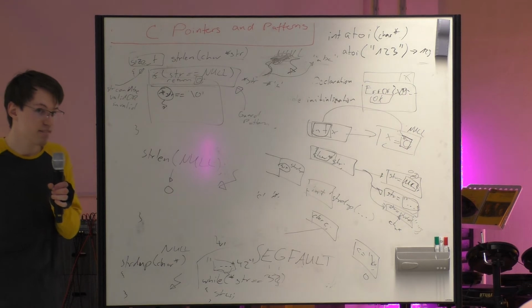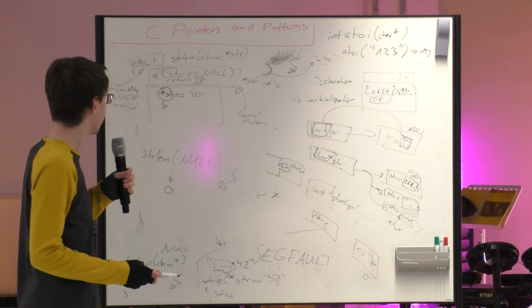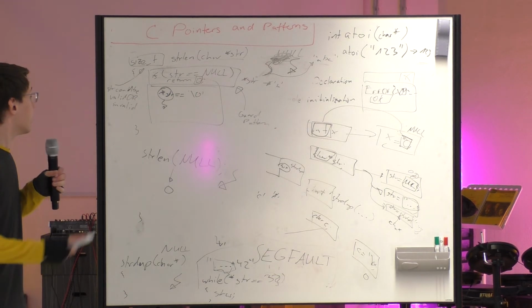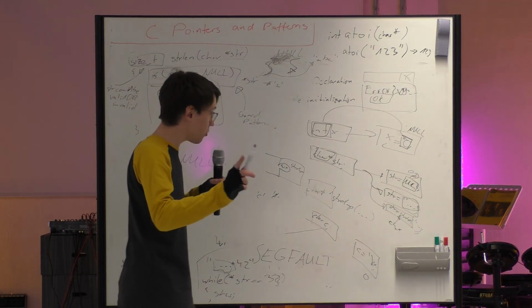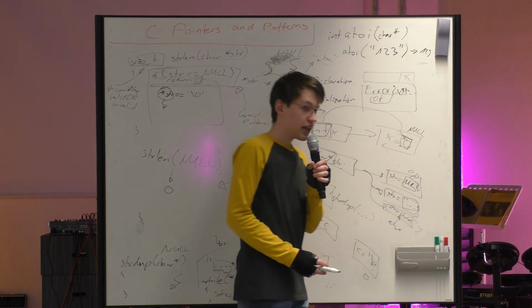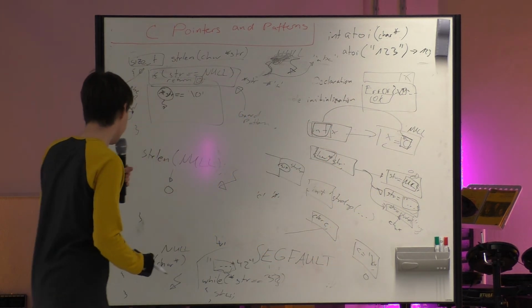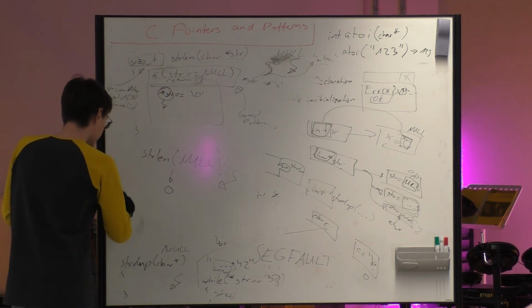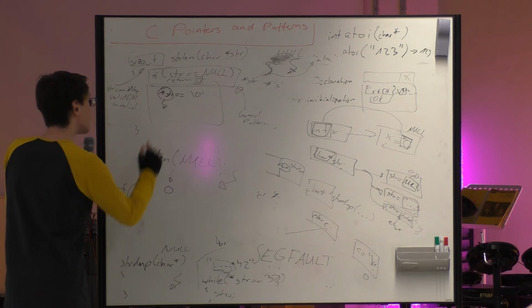Yeah. Is this the same thing as saying if !str? This is, right, good question. And this is exactly what I meant with this. A few people use it, and this is why it's so important to know patterns, because let's say you wrote, I think this is what you meant.